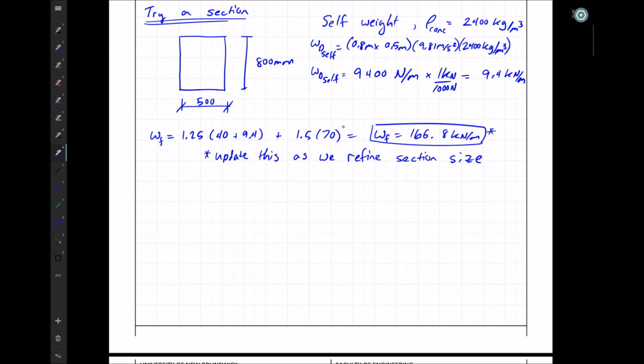For example, in terms of our materials, since this is new construction, we can specify Fy for our steel is 400 MPa. This is our default value. This is what 99% of our steel will be.